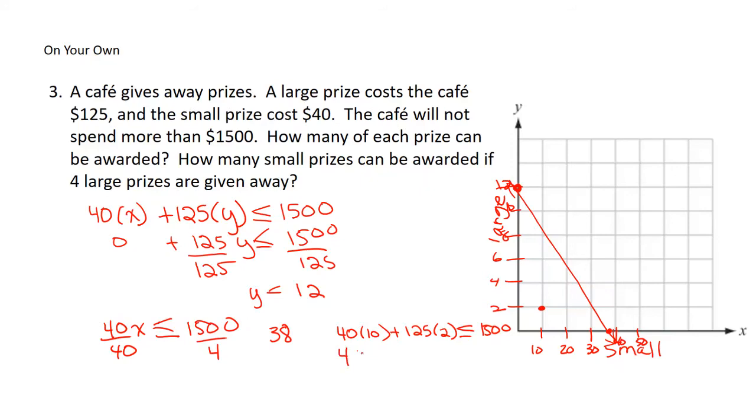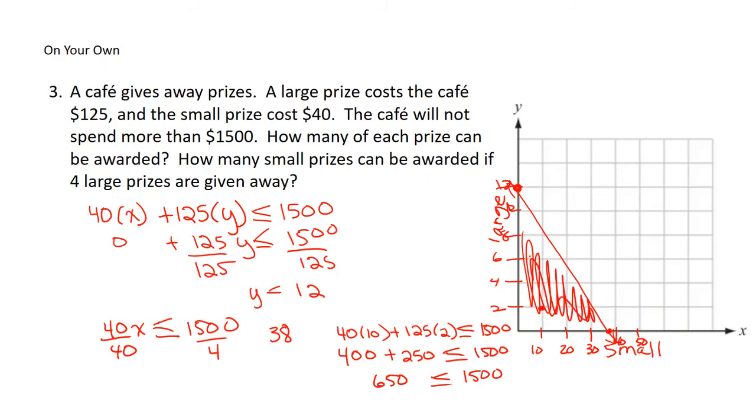So 40 times 10 is 400, plus 125 times 2 is 250. It's got to be less than or equal to 1,500. And 400 plus 250 is 650, and that is certainly less than 1,500. So we would actually shade this area.